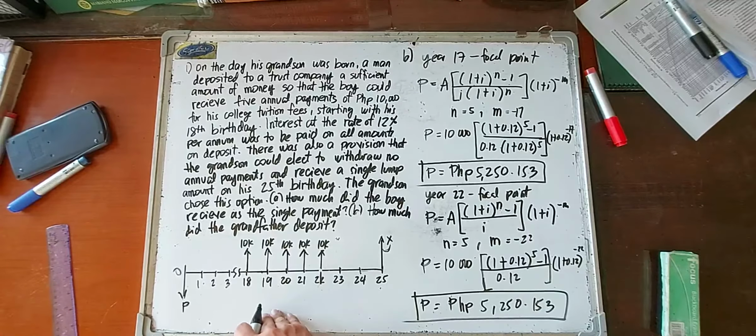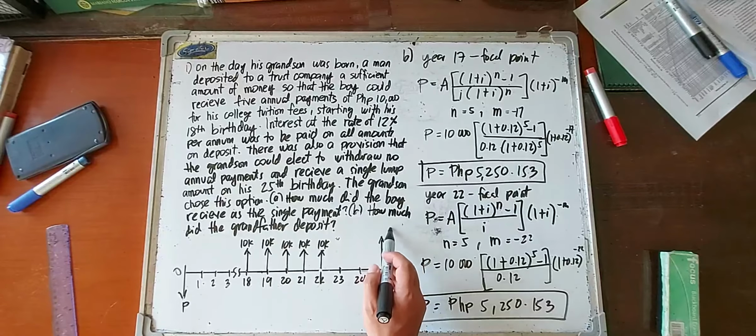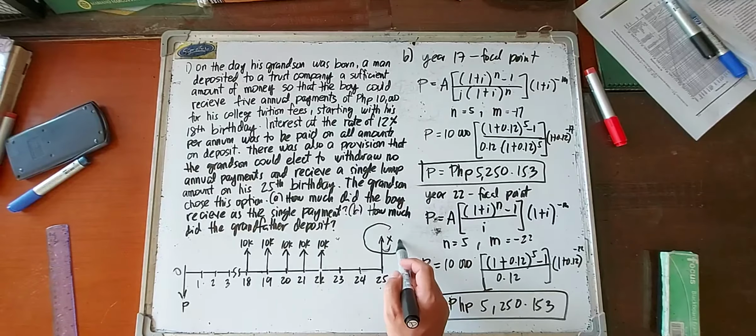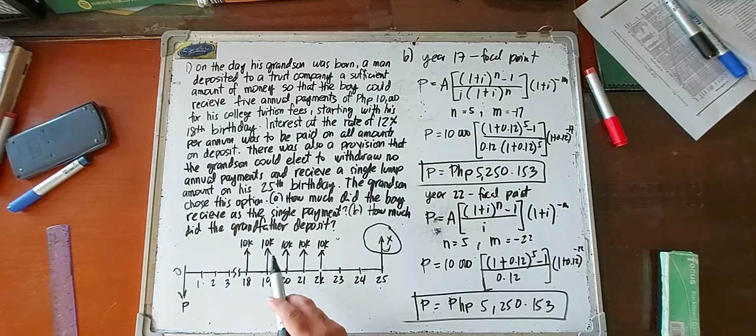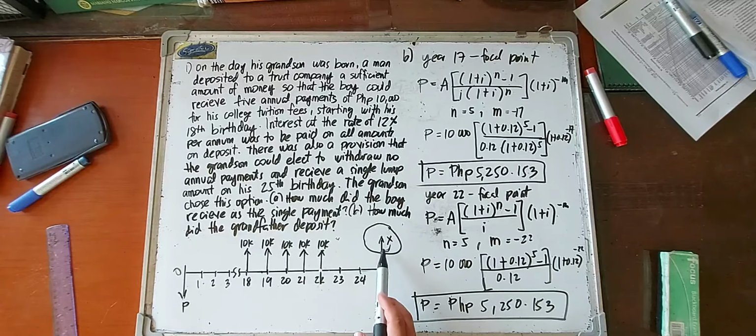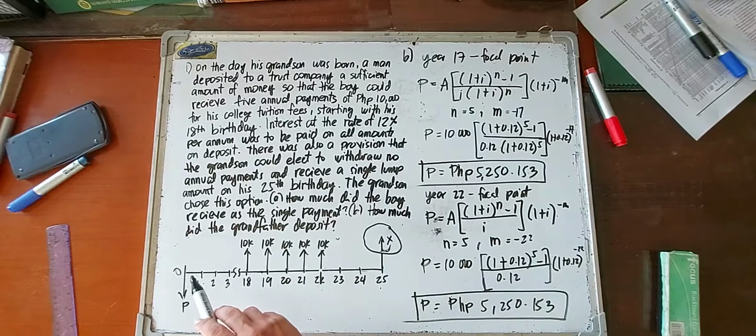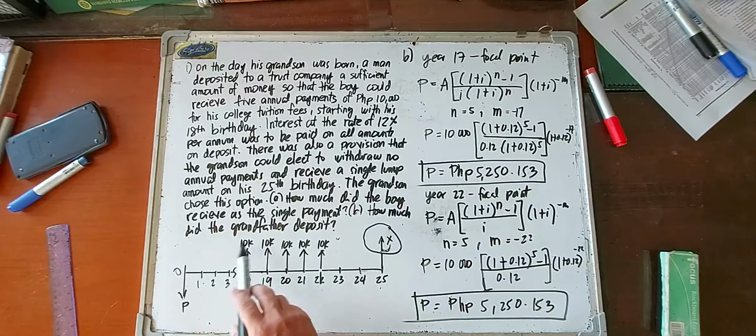Another solution is using the value of X. Yung X kanina is the value of these periodic payments on the 25th year. That's the lump sum payment that will be received by the grandson. So we can use this value of X to solve for the present worth of these periodic payments.